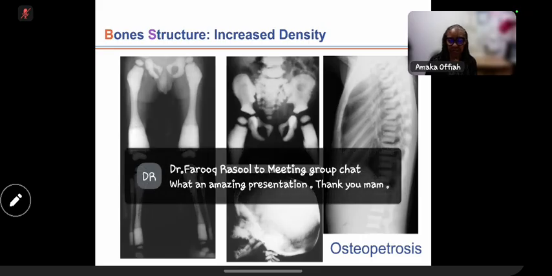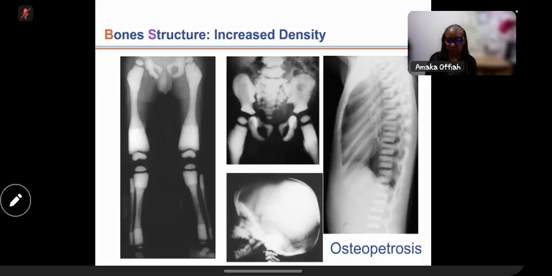Rugger jersey spine in the autosomal dominant types of osteopetrosis, the juvenile type, which is less severe, may not actually affect life at all. You do a chest X-ray for a cough and you identify this Rugger jersey alternate increased densities, the sclerotic end plates in osteopetrosis.